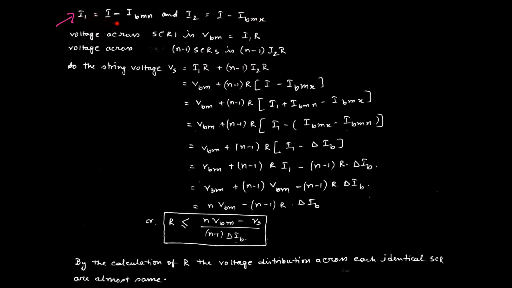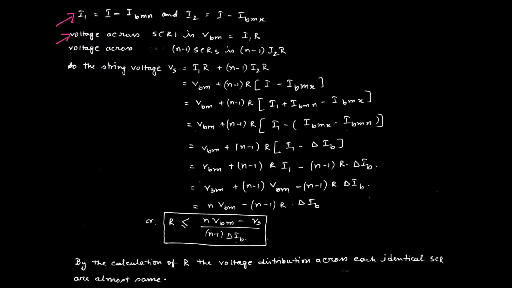For the first SCR, I1 equal to I minus IBMN, and for the other SCRs having equal leakage current, I2 equal to I minus IBMX.